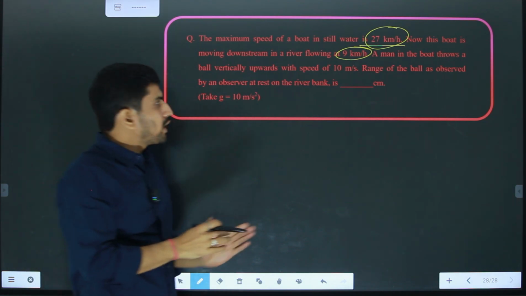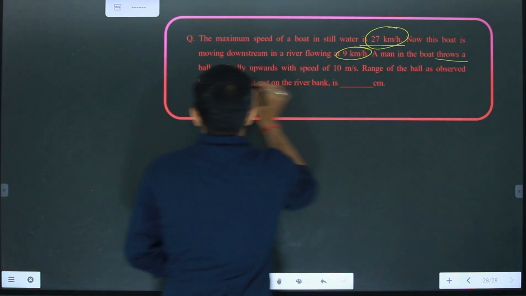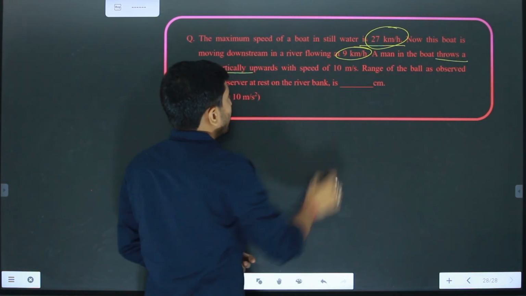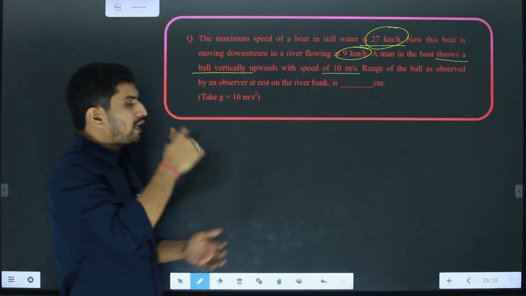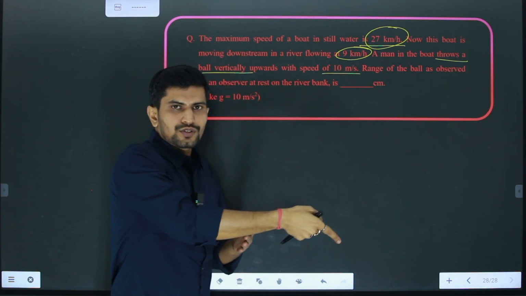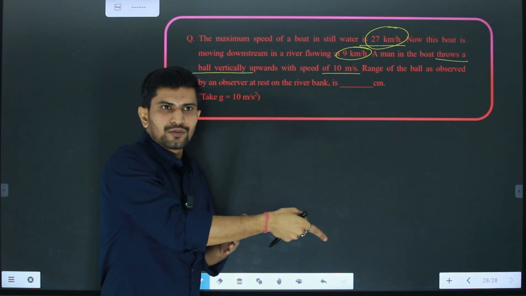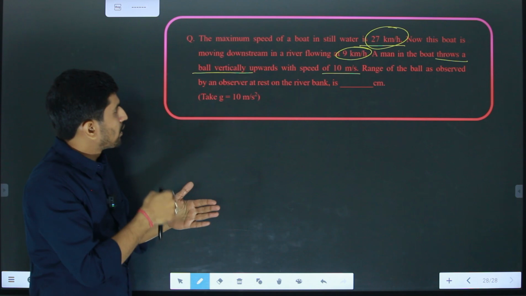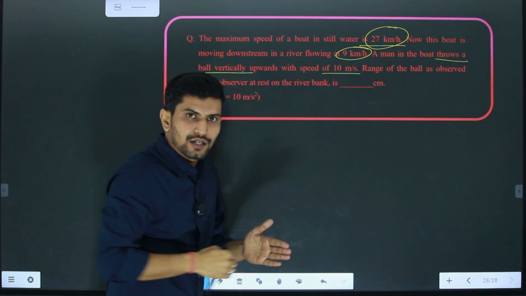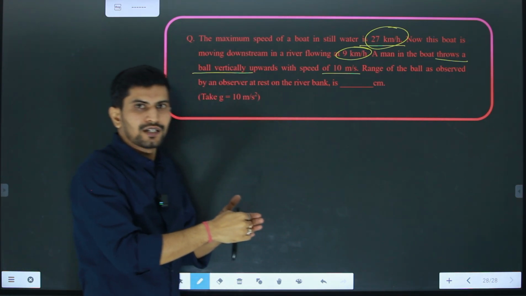And from the boat, a man throws a ball vertically upward with a speed of 10 meter per second. Then the ball will, of course, strike the ground or the river, the horizontal plane, I mean.